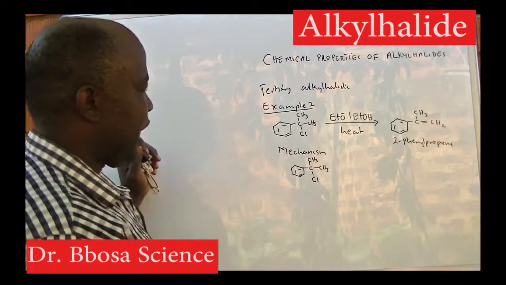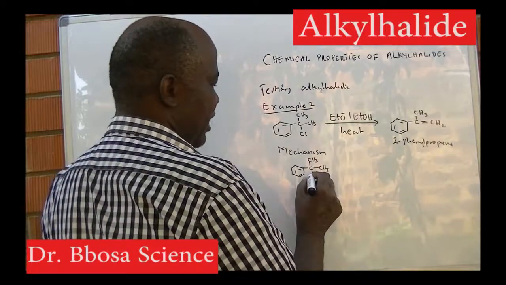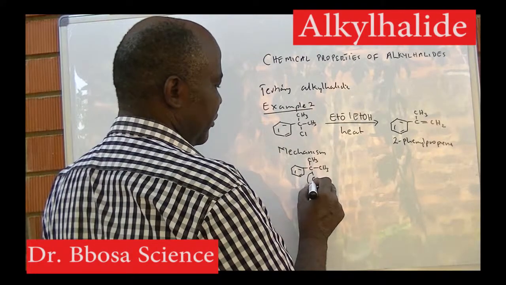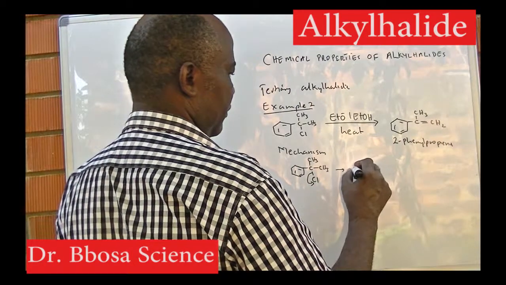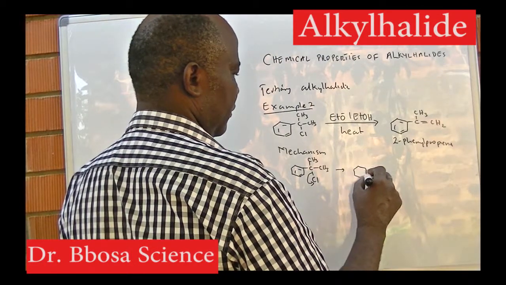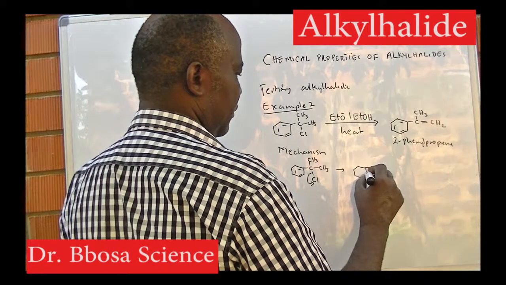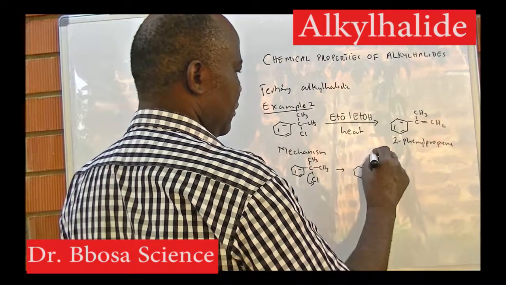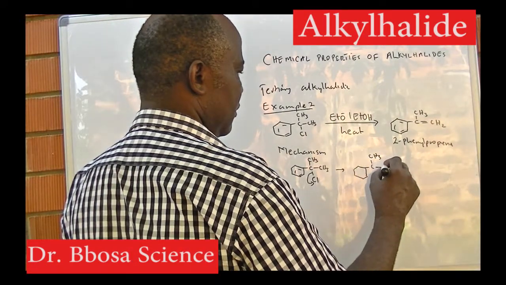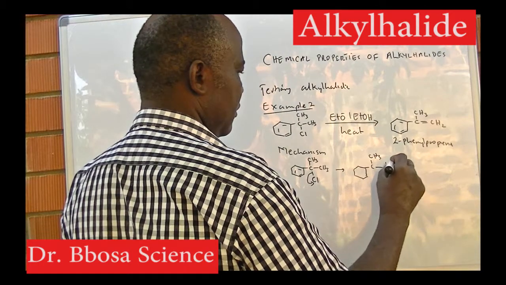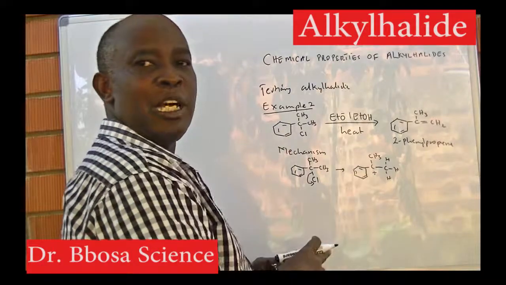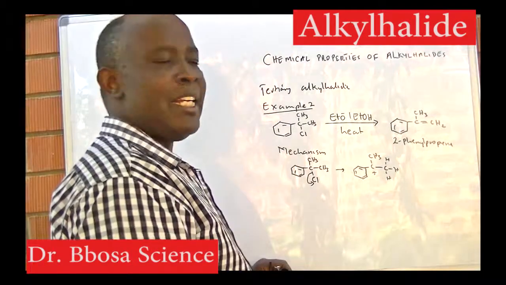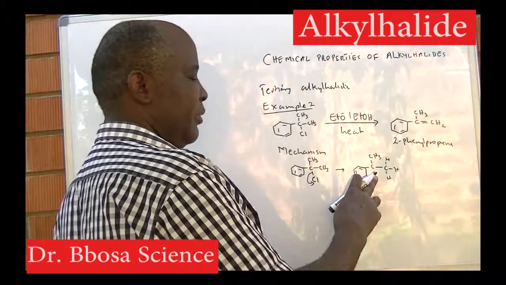This being a tertiary alkyl halide, it first loses a chloride ion. Then a positive charge forms on the carbon atom that had lost the chloride ion.